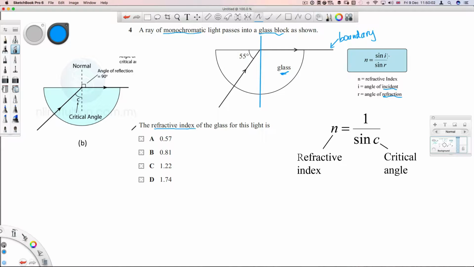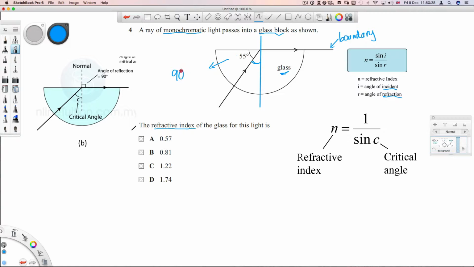Now, to find out what the angle of incidence is, the angle between the incoming ray, which is that one, okay, that's the incoming ray, and the normal. So this is the angle of incidence. Okay, the 55 is just put there to throw you off, but you can use the 55 because you know that this whole entire angle is 90.